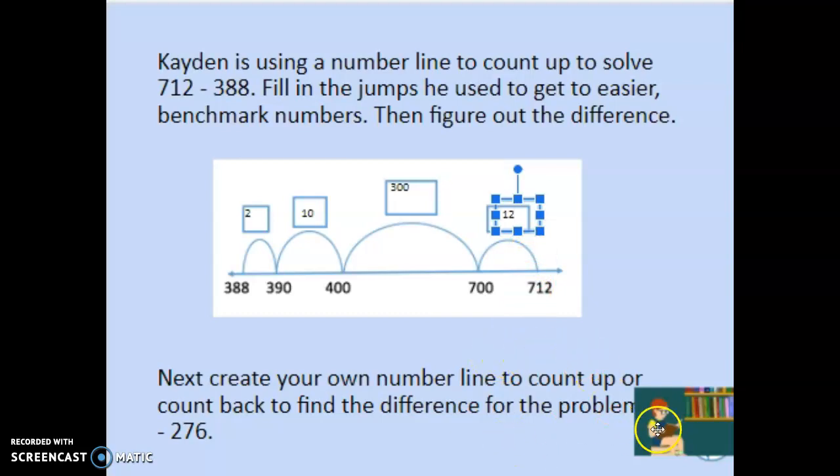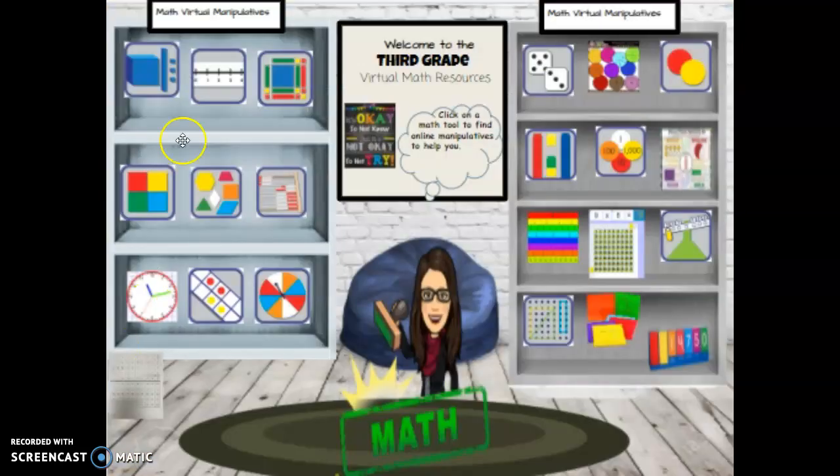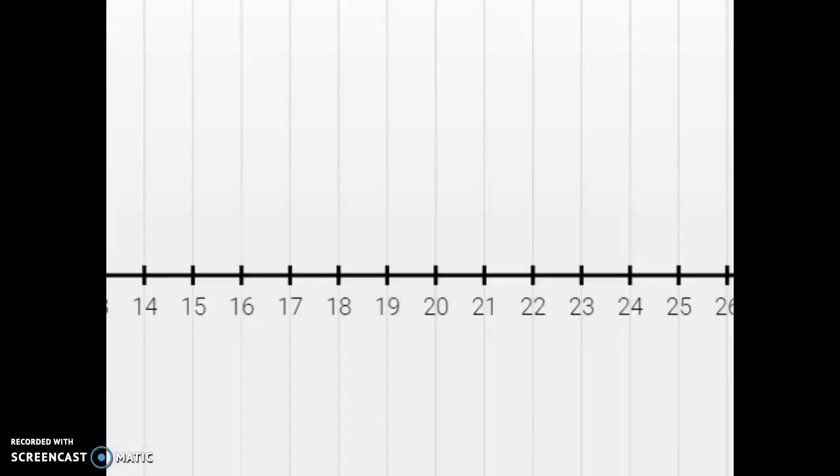What I would like for you to do is create your own number line, and you're going to solve the problem 524 minus 277, or take away 277. I want you to go to your virtual manipulative slide and click on the number line, and you can create that number on the number line that we did previously.